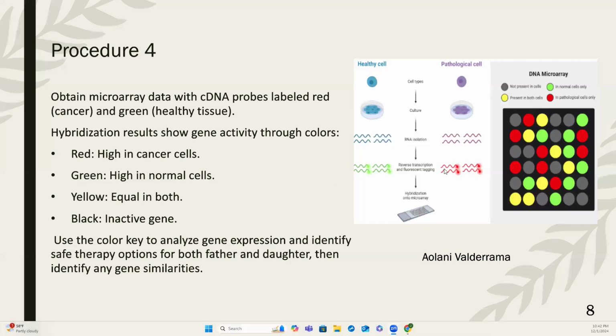On procedure four, we're going to be looking at microarray analysis.